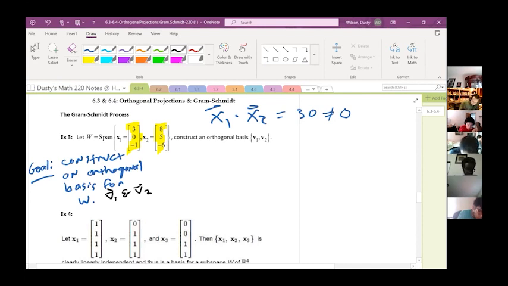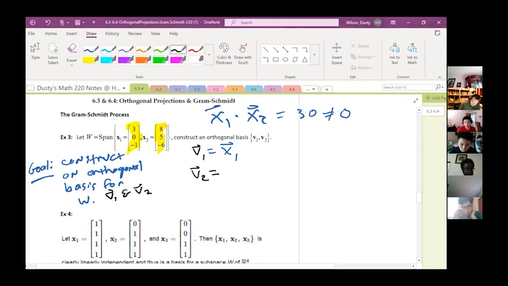All right. So the first entry in our orthogonal basis is really easy to find. The formula for v1 is equal to x1. You just take the old vector and copy it over. Super easy. To find the second vector, we need to find the part of x2 that's perpendicular to x1.